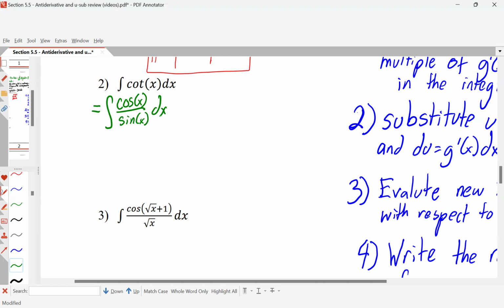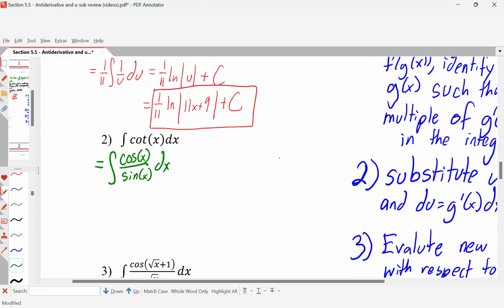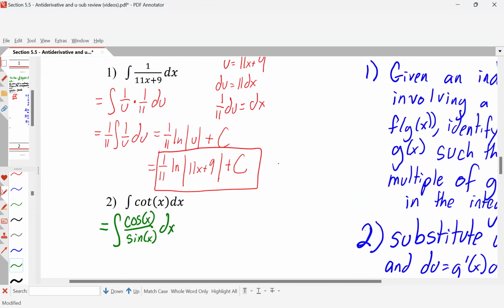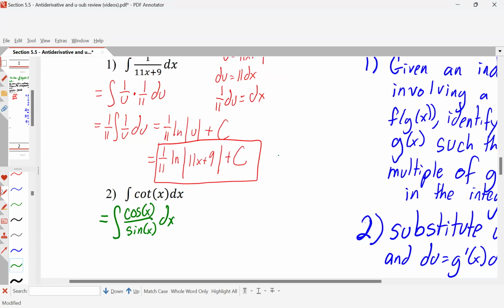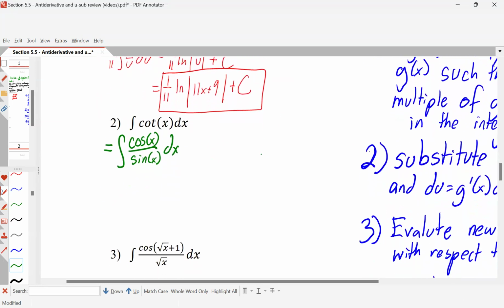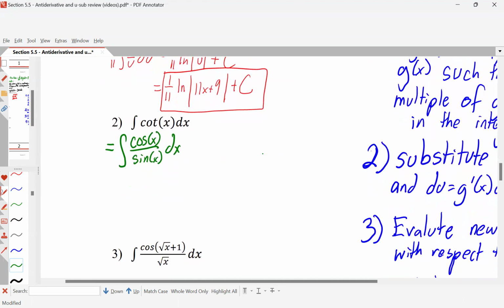So with the correct substitution, we can easily put this in terms of u. Now which one is the right substitution? I said in the last problem, a good place to start looking for what to be your substitution is the denominator. So in this case, we have a denominator of sine x. So that is going to be our u.